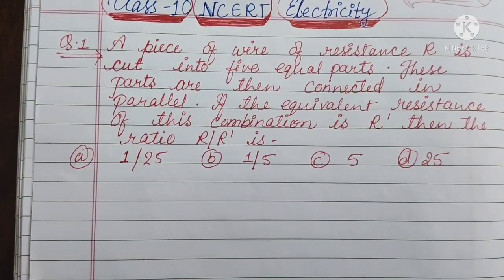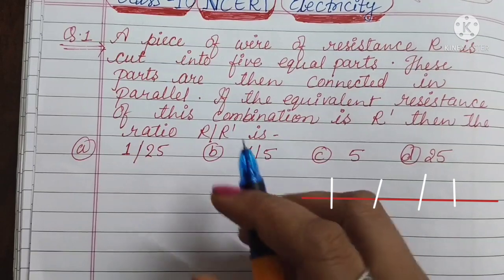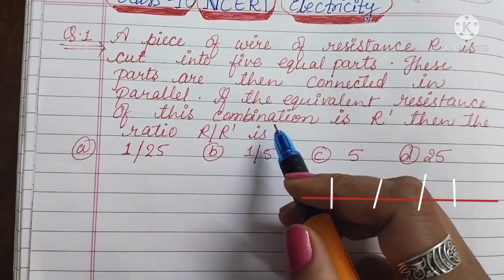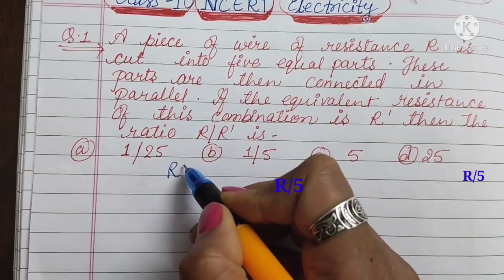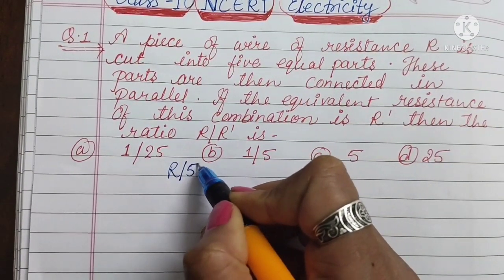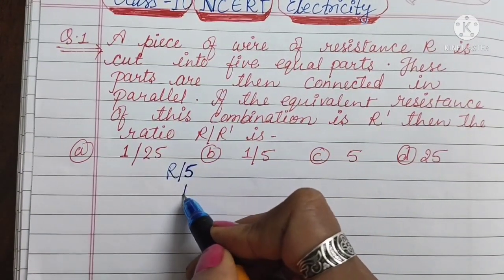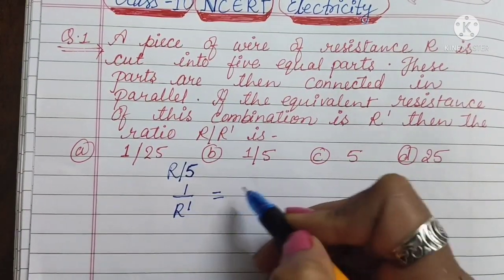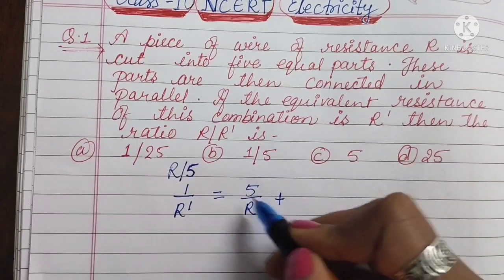So the piece of wire is cut into 5 equal parts. That means the resistance of each part will be equal to R by 5, right? As it is in parallel connection, therefore equivalent resistance will be 1 by R dash equals 5 by R plus 5 by R, 5 times.